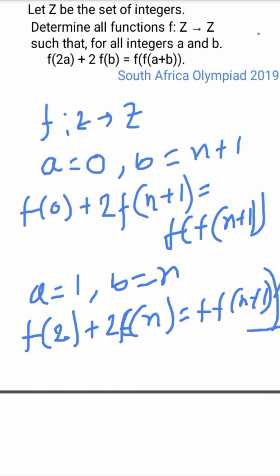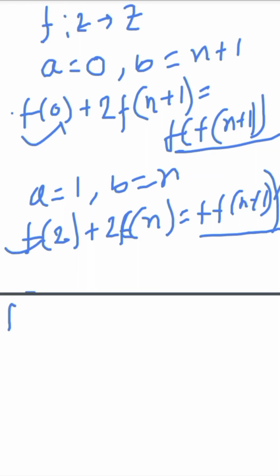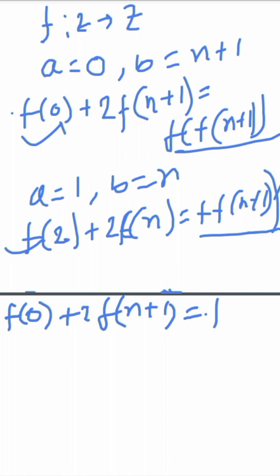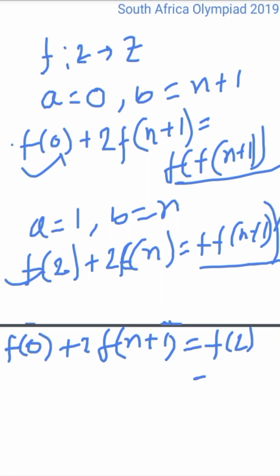And notice this f(n + 1) and this f(n + 1), they are both the same, so we can equalize both these equations. So we'll get f(0) plus 2f(n + 1) equal to f(2) plus 2 times f(n).